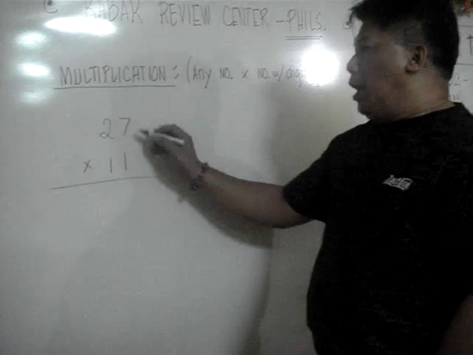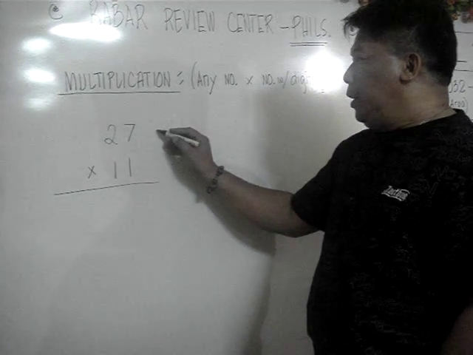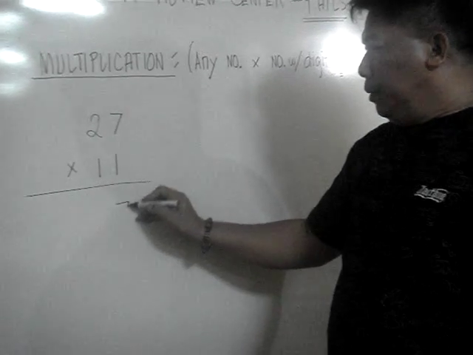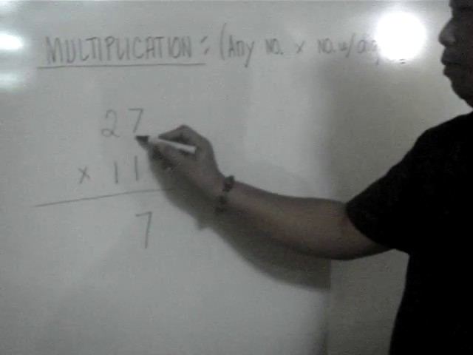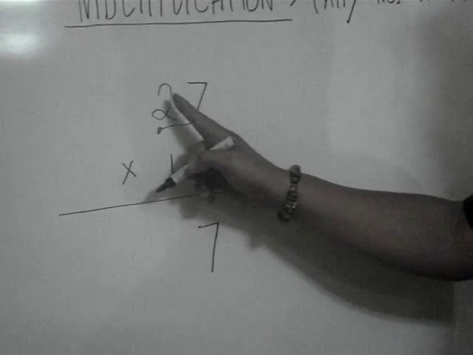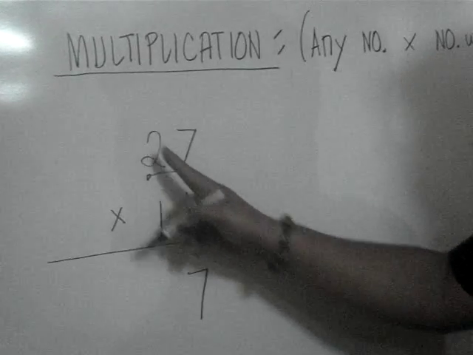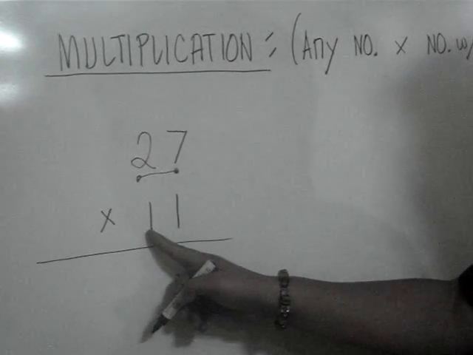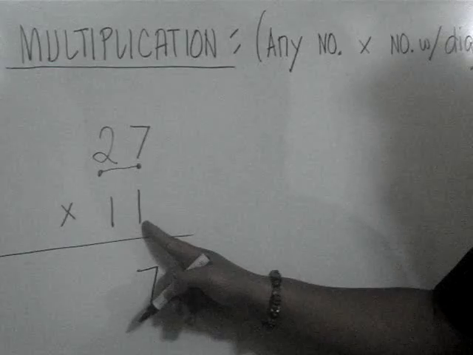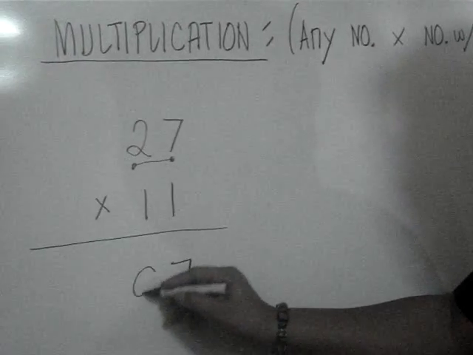So all you have to do is just copy the number 7. Then after that, move to another number. There are 2 numbers considered here, and remember, 2 numbers considered corresponds to the number of digits in our multiplier. So 7 plus 2 will give you 9.